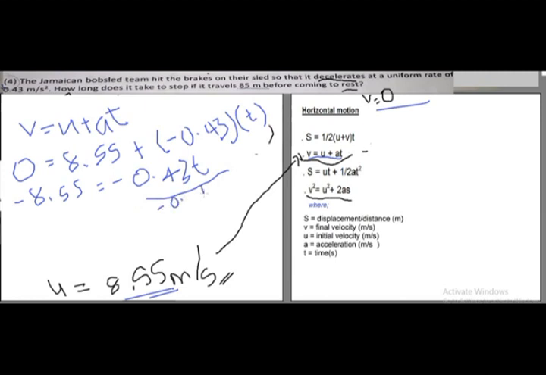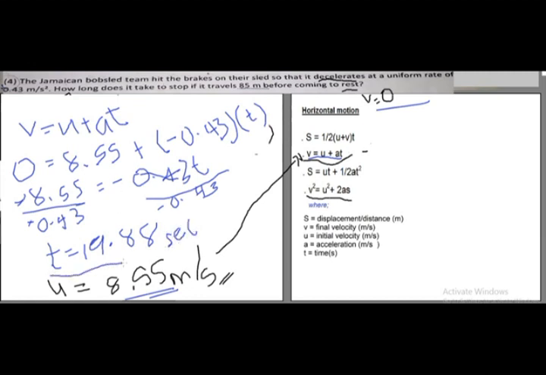Now we can divide both sides by negative 0.43 to solve for t. The negatives cancel off. The time is equal to 8.55 divided by 0.43, which will give 19.88 seconds.